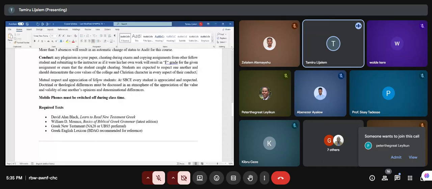We discuss more in an atmosphere of appreciation of the value and validity of one another's opinions and denominational differences. We need to respect that.